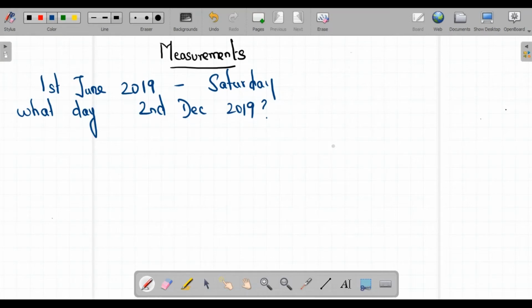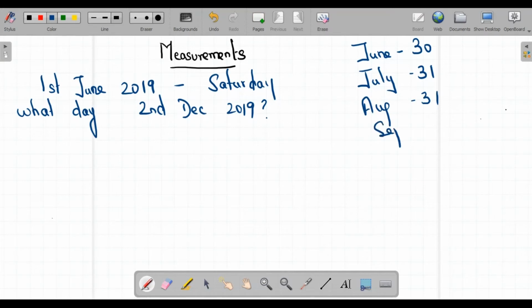First again we will calculate the number of days that have totally passed over. You have started with 1st June, so we can count all the days of June. June has 30 days. July has 31 days. August is another 31 days, so I am adding that. Then September has 30 days. October has 31 days.